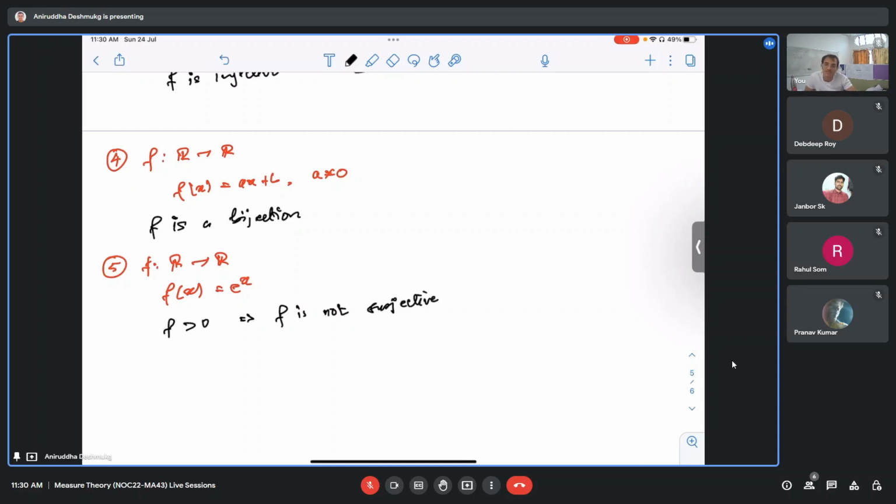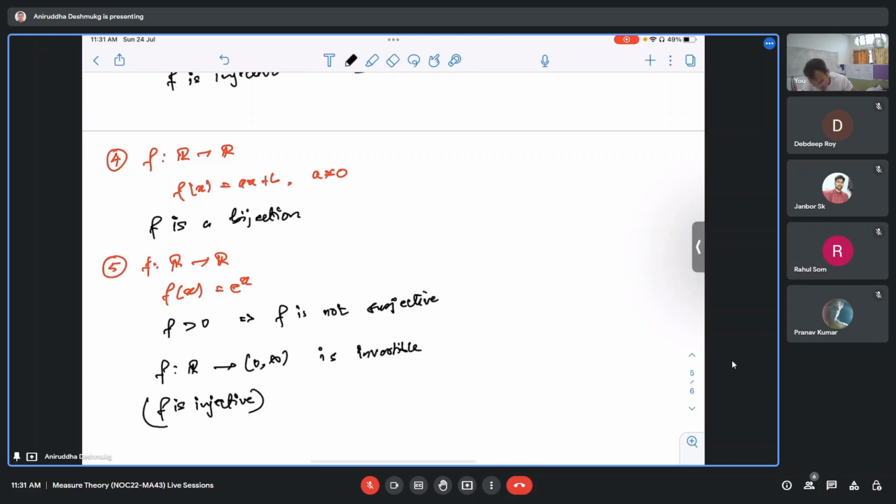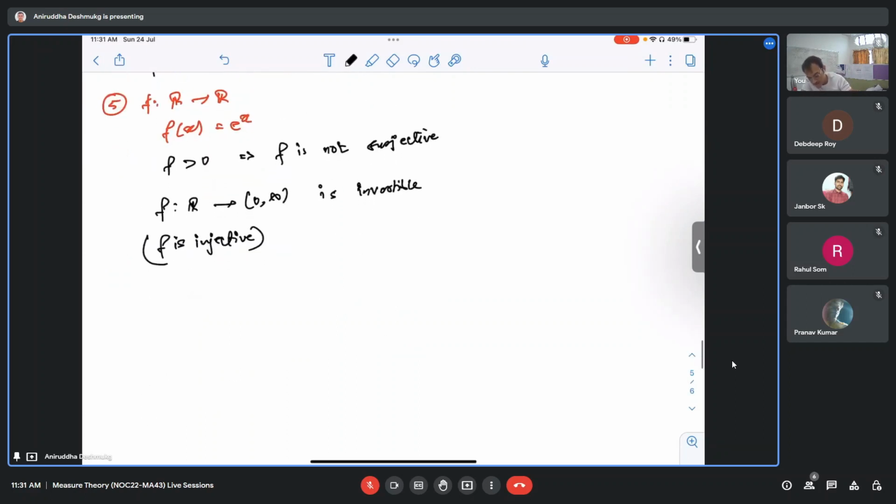But using some techniques of analysis, we see that this exponential map is actually invertible, in the sense that if I restrict this codomain to (0, infinity), then this is invertible with the inverse given by log. Okay. So this was all about injectivity, surjectivity, and bijections in general.